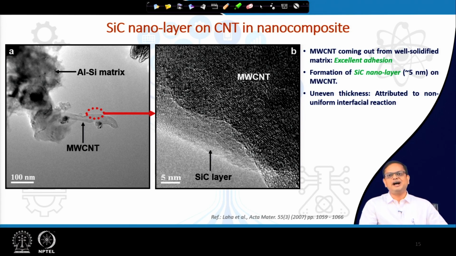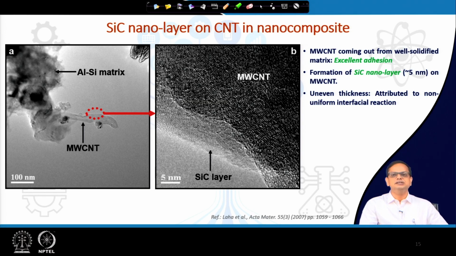Second point, the carbide which is forming is basically silicon carbide. Thermodynamically it is more feasible than the other carbide formation, and we have seen from the TEM images and other data that it is actually silicon carbide. Third point, the carbide which is forming, its perpendicular growth is not very high.